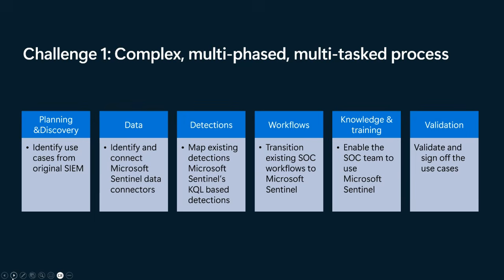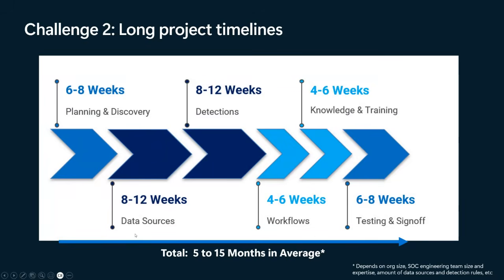Through this journey, all the different phases take different time. We've realized that the first three phases, that is the planning and discovery, mapping of the data sources, and mapping of the detections, each take up to 4 weeks. And in total, this drastically increases the migration project timelines.